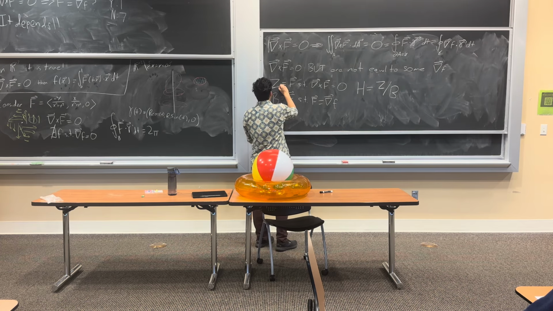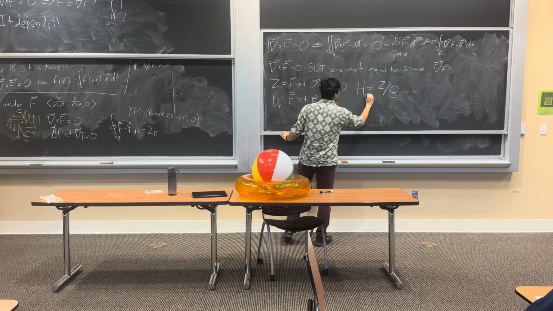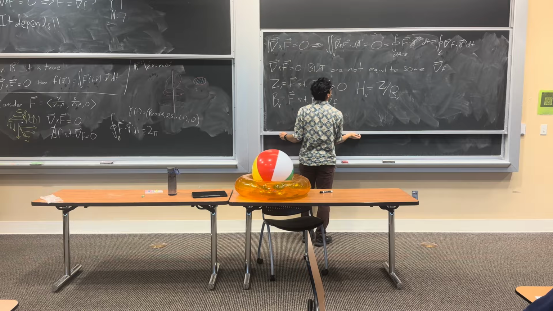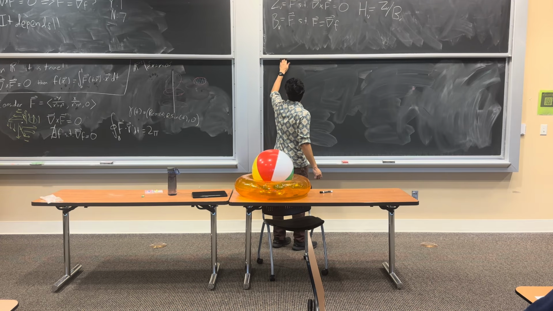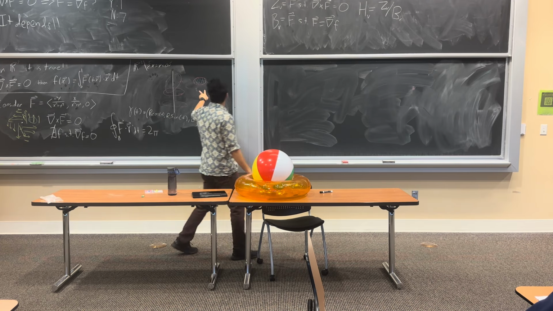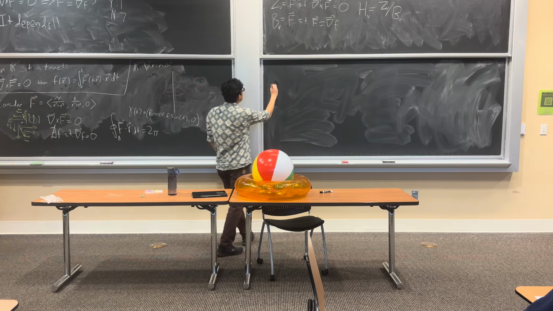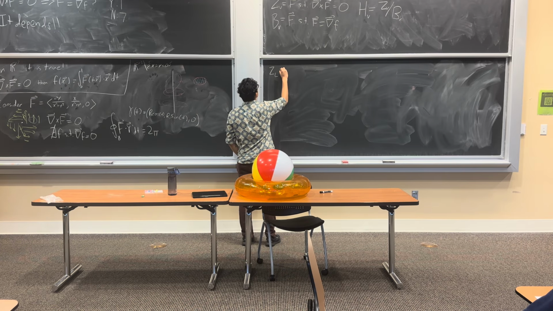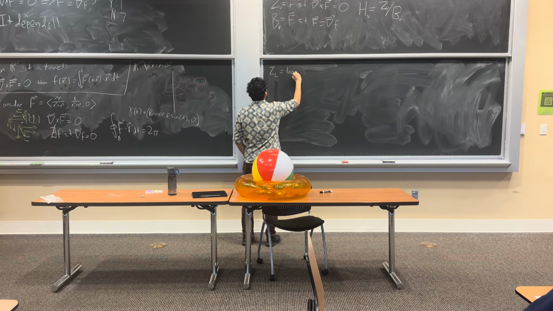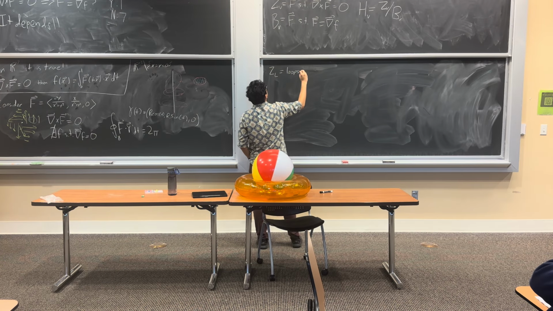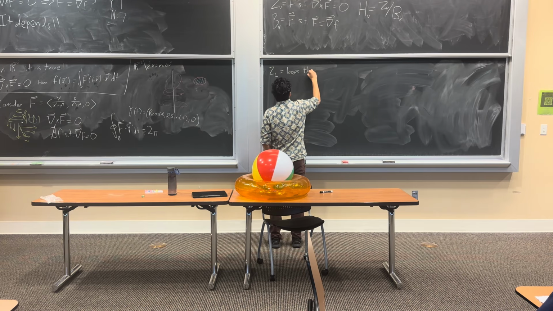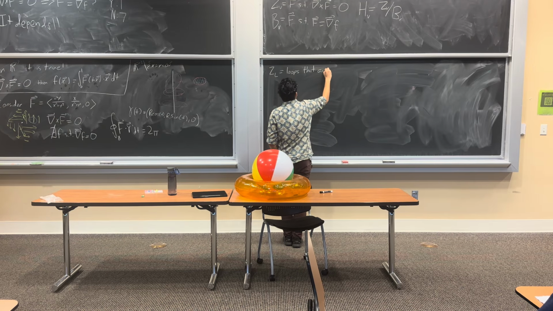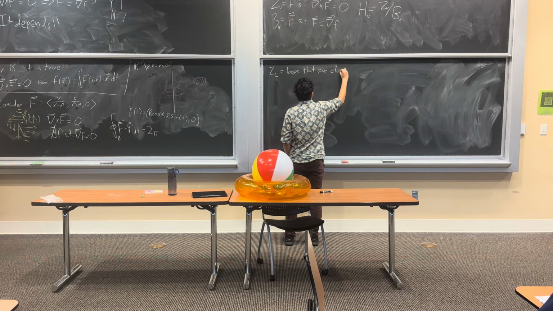Say Z for vector fields. Now, I also have things like this that I can do for these loops. So Z, let's say for loops, equals loops that are closed.